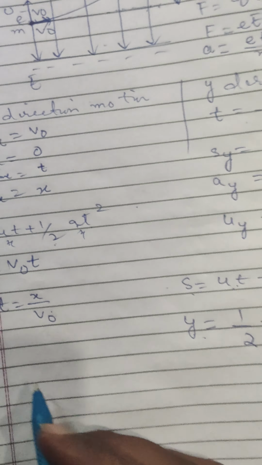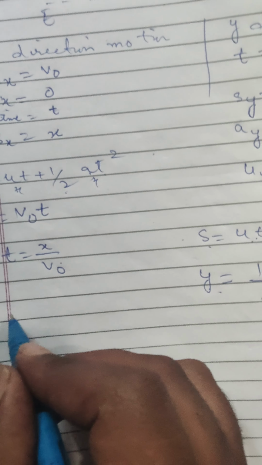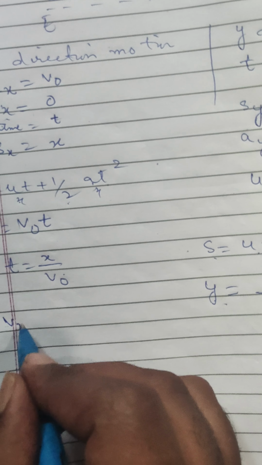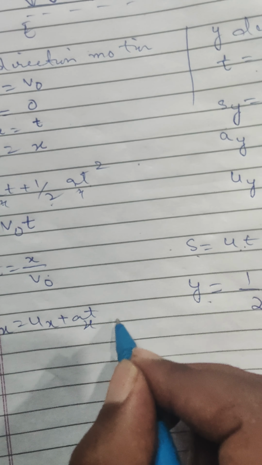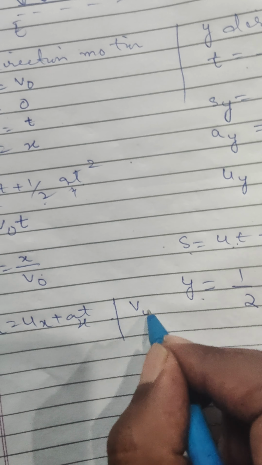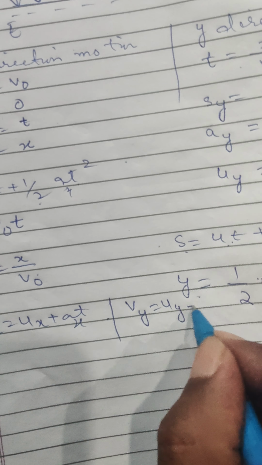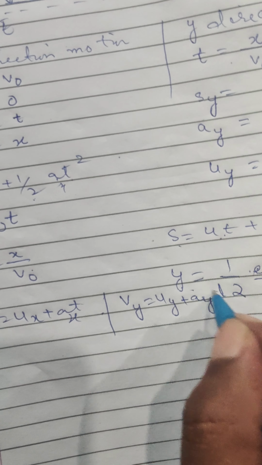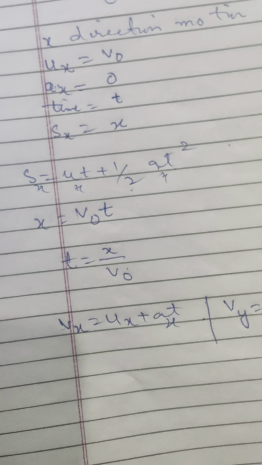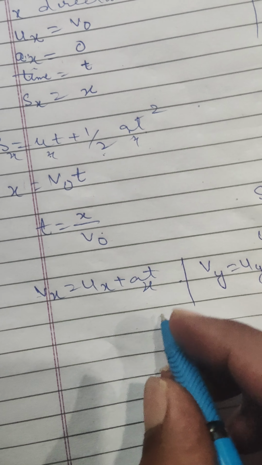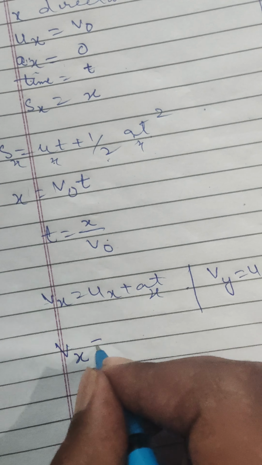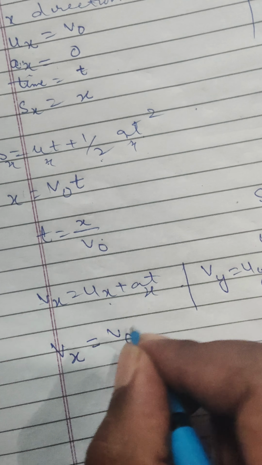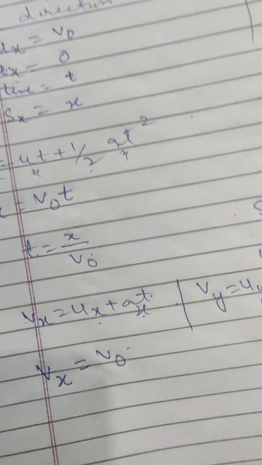Now applying the formula v is equal to u plus at for both directions. Vy is uy plus at. Final velocity in x direction we don't know. Initial velocity is v0, acceleration is 0, so this term is 0.